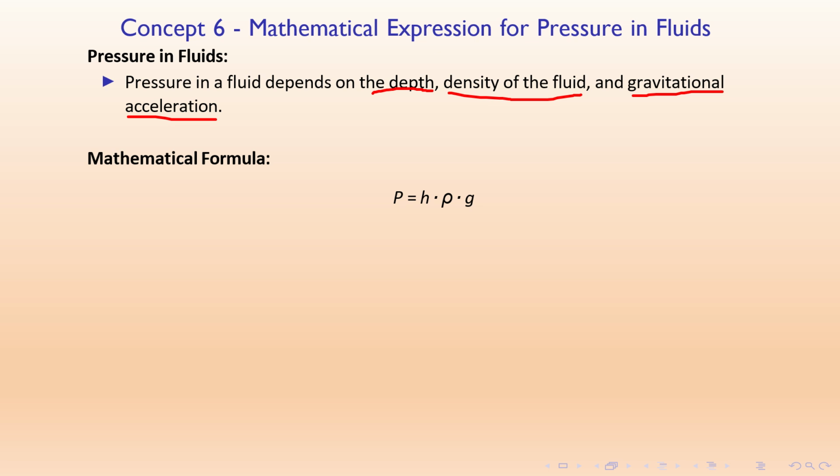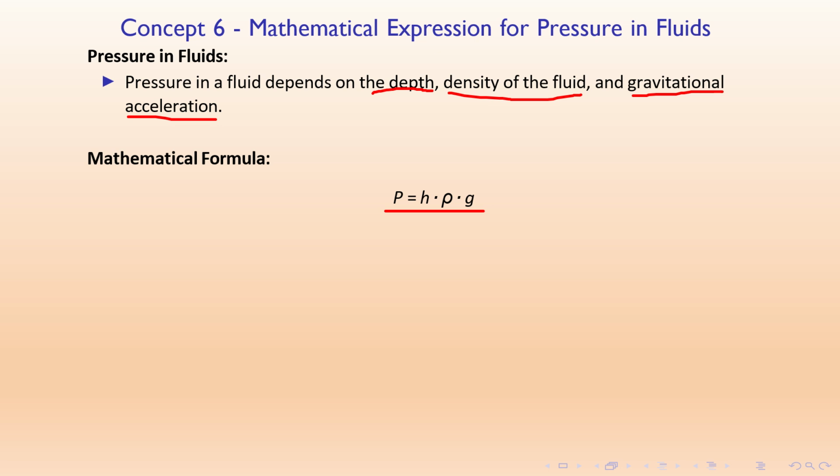It is given by the formula pressure is equal to H rho G, where H is the depth, which is called height, and rho is the density of the fluid, whichever fluid in which the pressure is being exerted, and G is the acceleration due to gravity. So this is the mathematical formula which you can see.